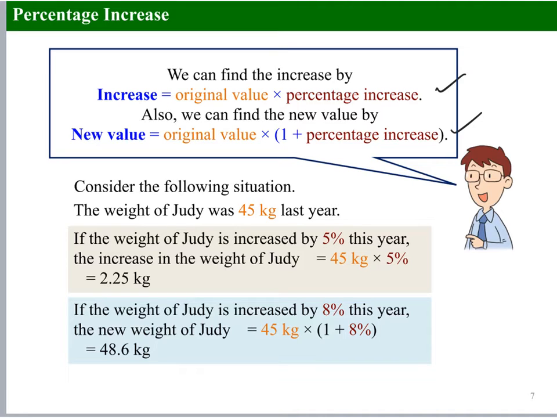And what is the new weight of Judy? Then we use the second equation. The new weight of Judy equals the original weight, which is 45, times 1 plus the percentage increase. Now in this case it is 8%. 1 plus 8%. After we calculate this equation, it is 48.6 kilograms.